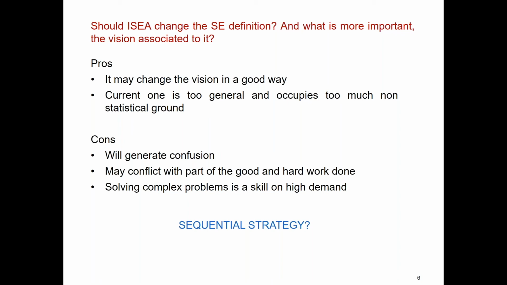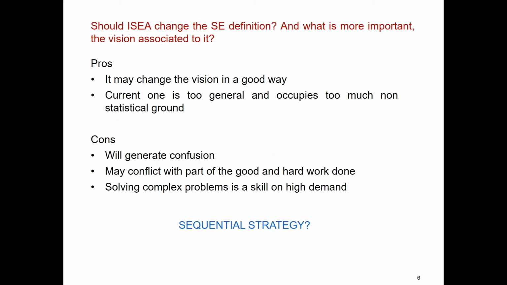I could talk quite a lot about that, relating it with the phases and with our book of knowledge, which is clearly biased towards the statistical area, and we have a hole in other areas that we are saying are important in statistical engineering.